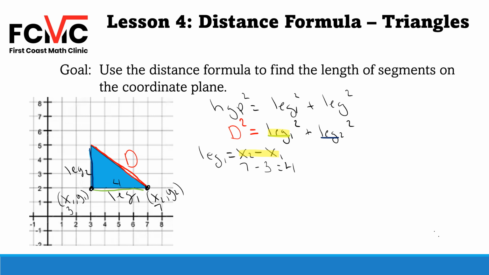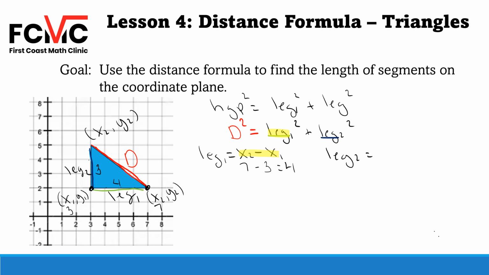For leg 2, we'll use x2, y2 again. Well, now, what coordinate is changing? We've got a vertical line here. And what's the length of this line? This line is 1, 2, 3. Since it's a vertical line, it's going to be the change in our y coordinates.